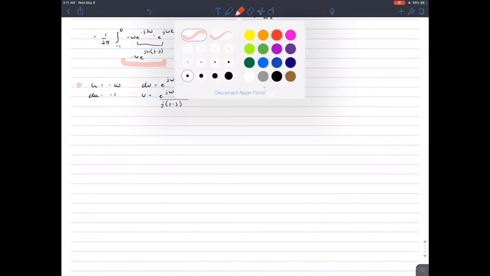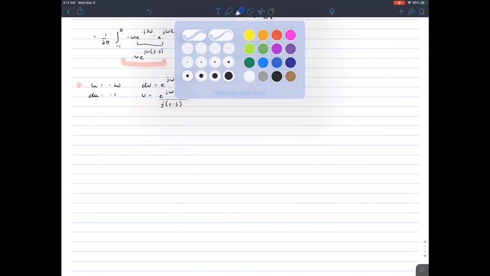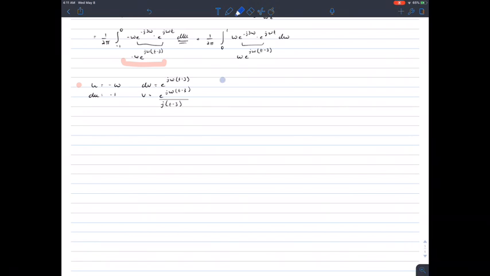And let's go blue. Blue right here for this. Okay, so u is going to be equal to omega, du is going to be equal to 1, dv is going to be e to the j omega t minus 3. v is equal to e to the j omega t minus 3 all over j t minus 3.